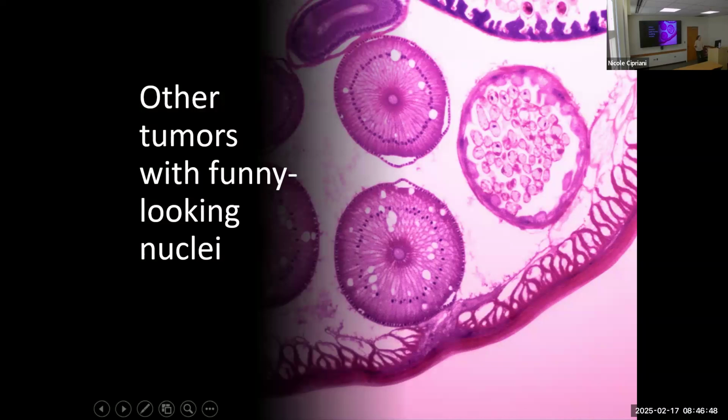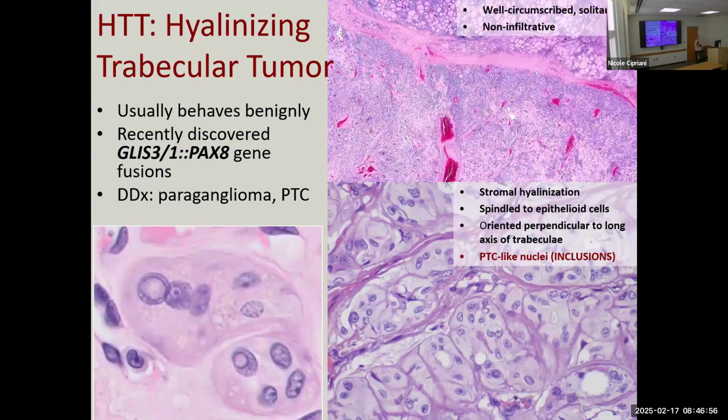What about other tumors that may have funny looking, or sometimes referred to as PTC-like, nuclei? There are basically two of them. One of them is hyalinizing trabecular tumor, which essentially has benign behavior, but it has wild PTC-like nuclei. What it presents as, almost on low power, looks like a follicular adenoma.